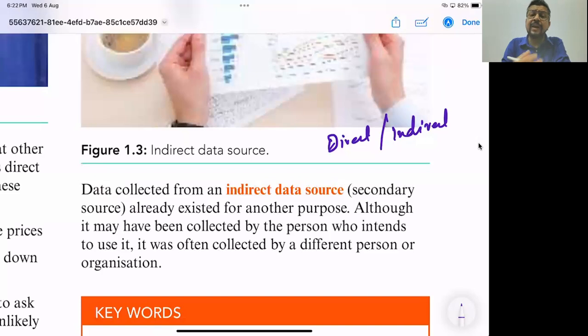It's about, for example, me collecting data from my students as feedback about myself, and then introducing a new course and sending you all a message that I'm offering a new course. That means I collected the data for feedback purposes, but now I'm using it for my own marketing purpose. So that is an indirect data source. Got it? Is it clear? Does it make sense?